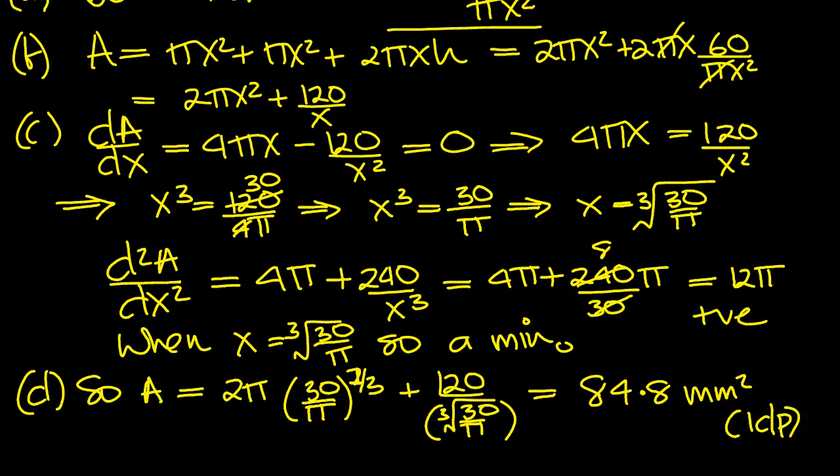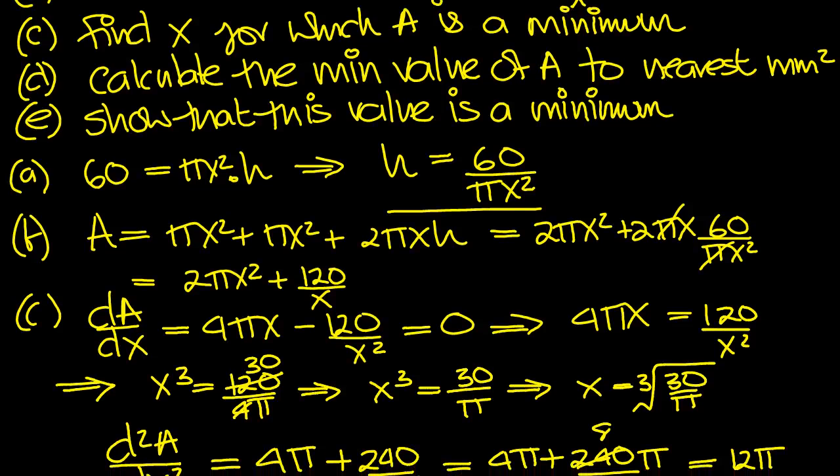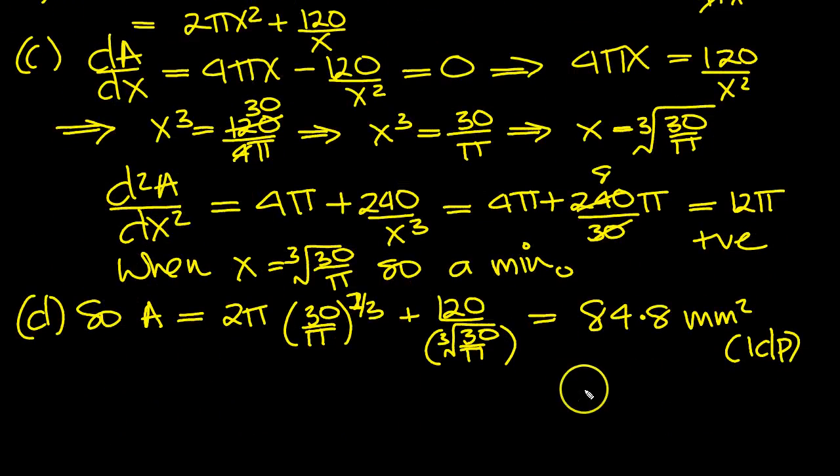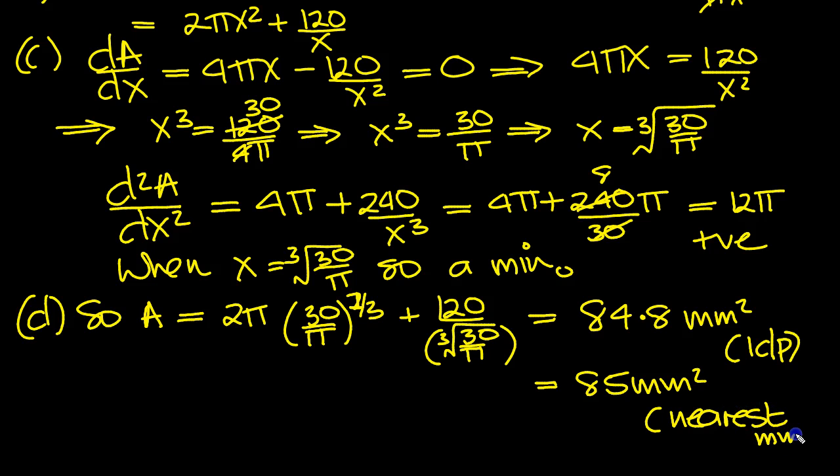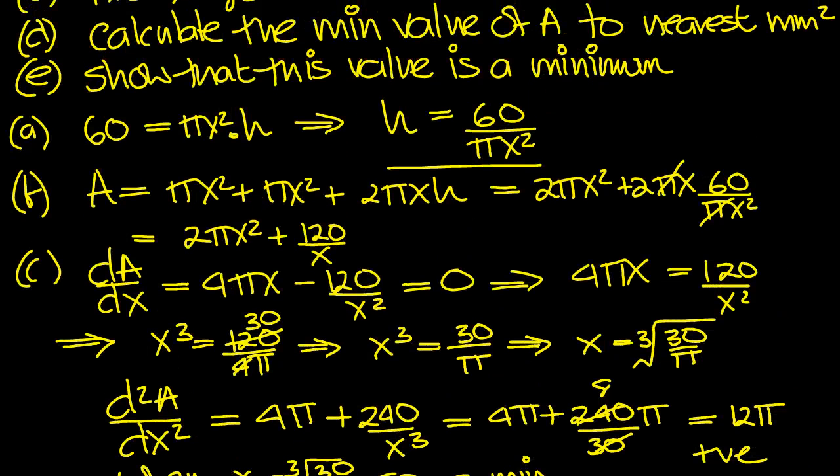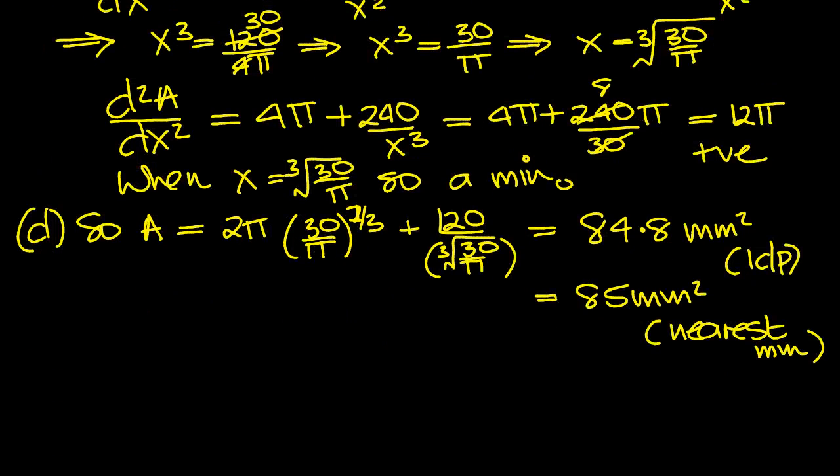Let's just check that then for part D. To the nearest millimeter, so that equals 85 millimeters squared. Okay, good. So that's the surface area then, and show that this value is a minimum.